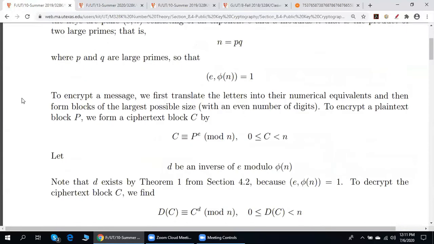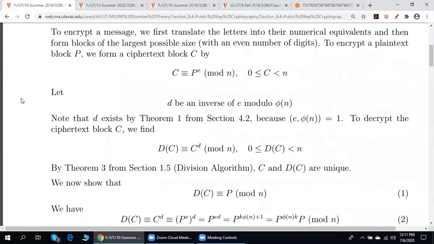Okay. But here is what we do next. Let us show that indeed D of c, which is congruent to this, it's over here, is congruent to the original plain text. That's the whole point.